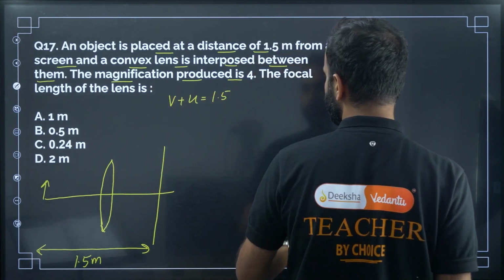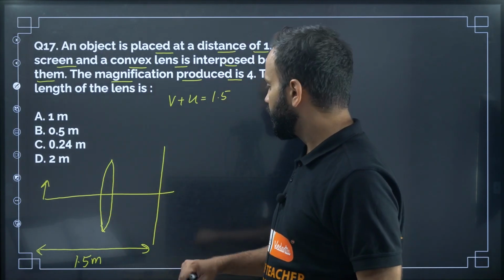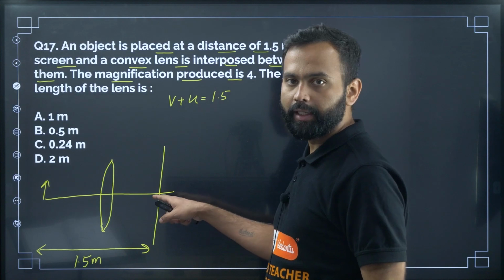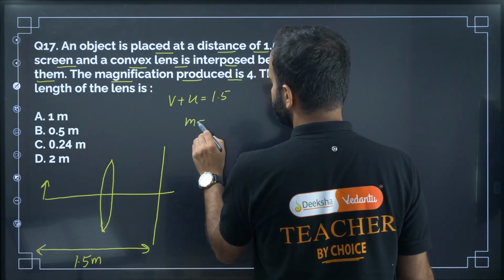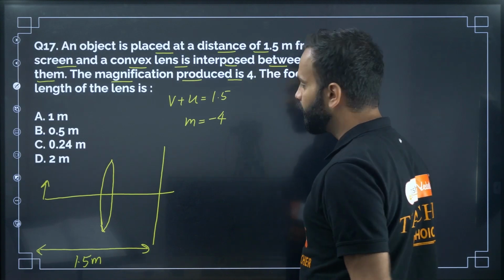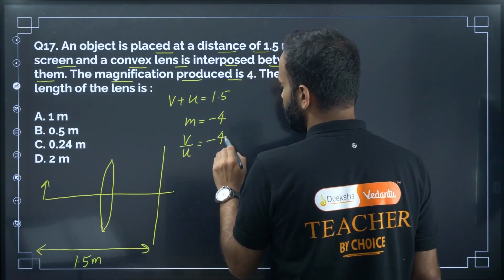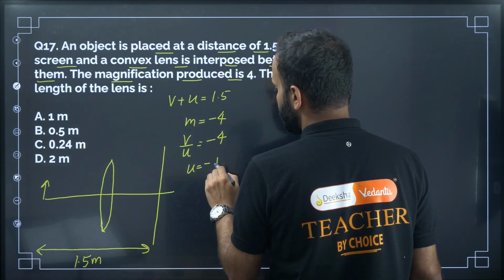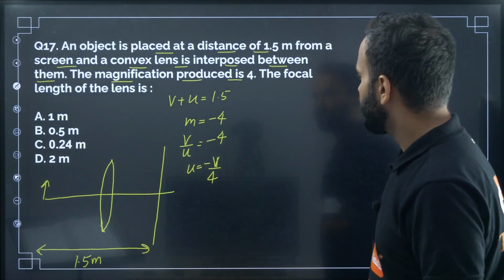The magnification produced is 4. Since a convex lens produces a real and inverted image, m equal to minus 4. So m equal to v by u equal to minus 4, so u equal to minus v by 4.